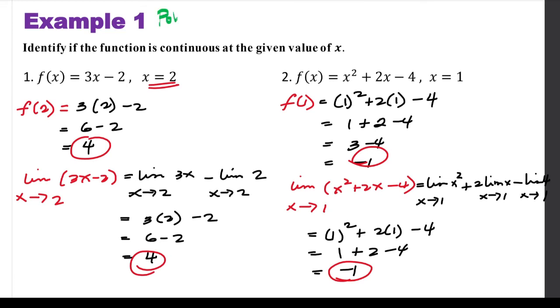And if you are dealing with polynomial functions, these are continuous everywhere. So whatever given value of x, we can always conclude that the function is continuous, because polynomial functions are continuous everywhere.